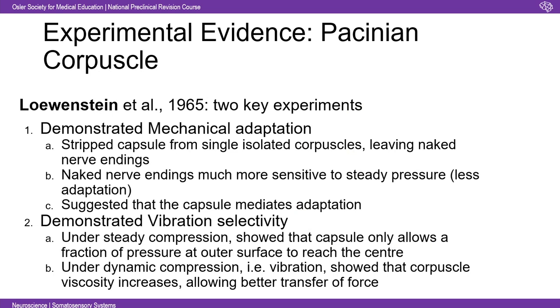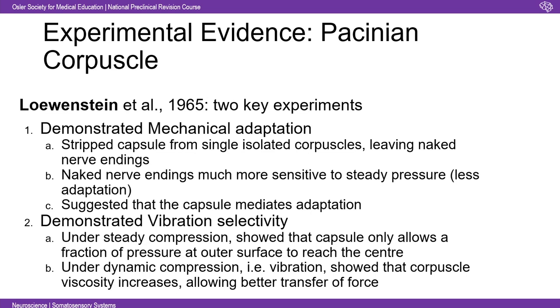So a bit of experimental evidence just on the Pacinian corpuscle, some very famous experiments by Lowenstein in the 60s. The first set of experiments demonstrated that it's very adaptive to mechanical stimuli. And as we've said quite a lot, that just means it eventually stops responding.